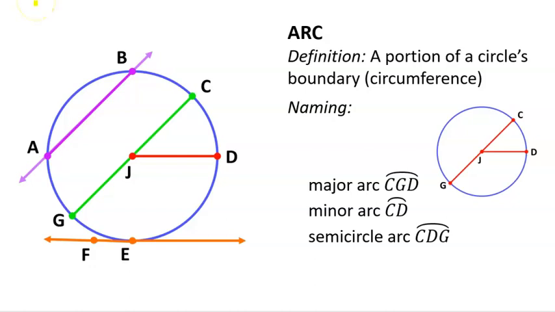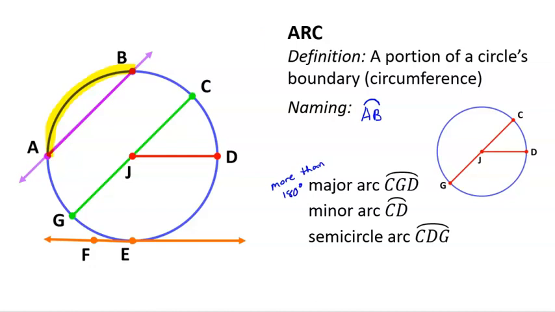So if I'm talking about the arc of AB, I would name it something like AB with this arc symbol on the top. And then for major arcs, so this is for arcs that are more than 180, we're going to use 3 letters.